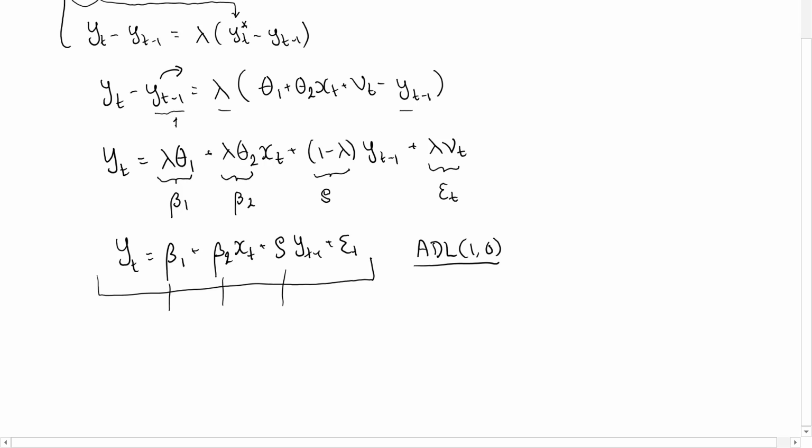Based on these estimates, I can back out and get the estimates of the original partial adjustment process. For example, if I want to estimate the speed of adjustment parameter, I can see that since 1 minus lambda is equal to rho, lambda must be equal to 1 minus rho. And if I estimate my rho to be, let's say, 0.8, then my estimated speed of adjustment is 0.2.